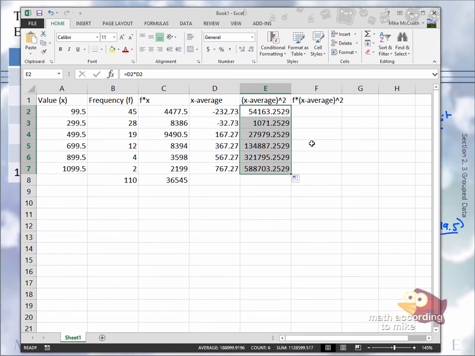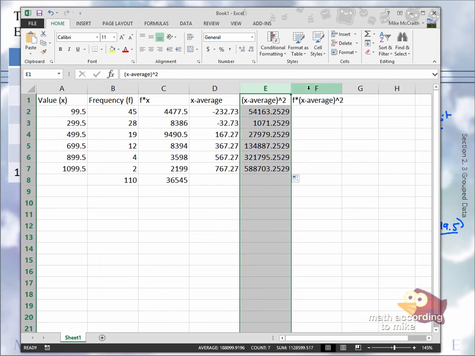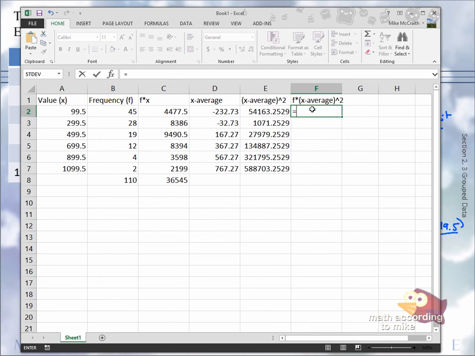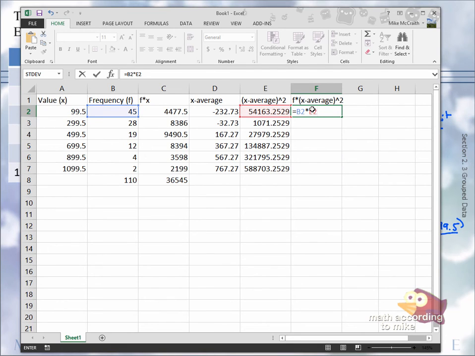And now we'll want the frequency, which is the B column, and we'll multiply it by the E column. So we'll say equals B2 times E2. And we'll hit enter. We'll cry a little bit because that's horrible. Click on that box. Drag down.